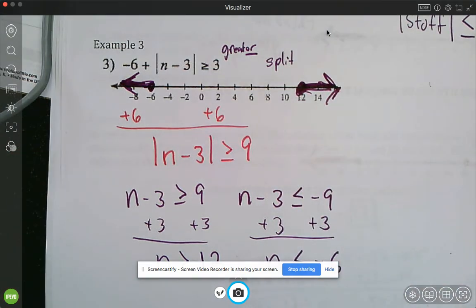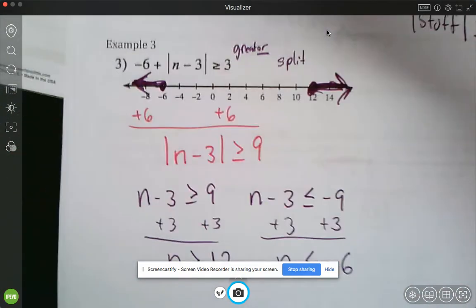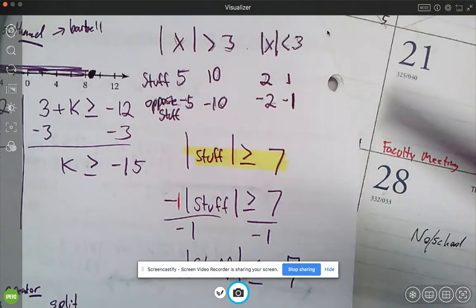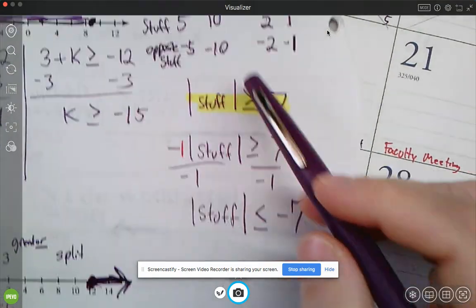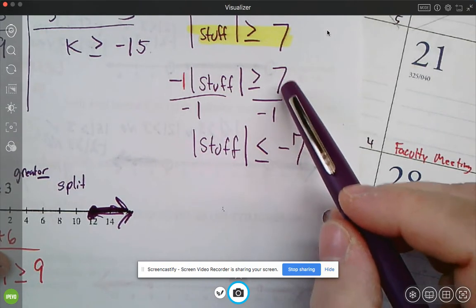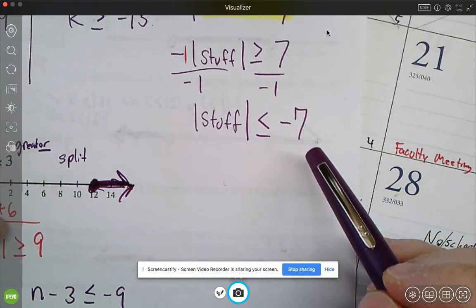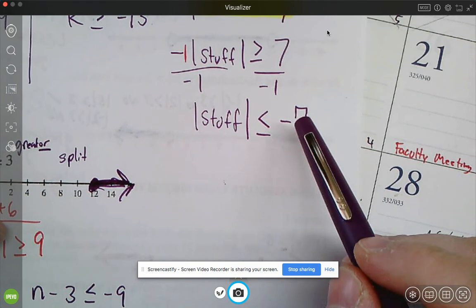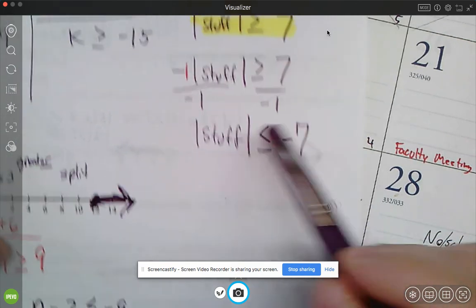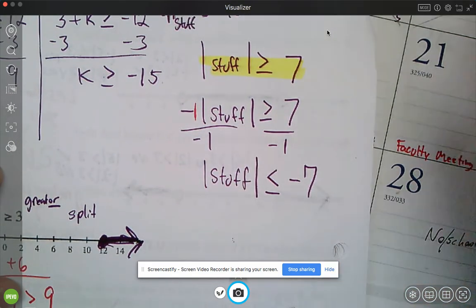So again, hopefully this whole explanation made sense of why we switch the inequality when we write the negative version of it, because technically we're dividing by that negative 1.